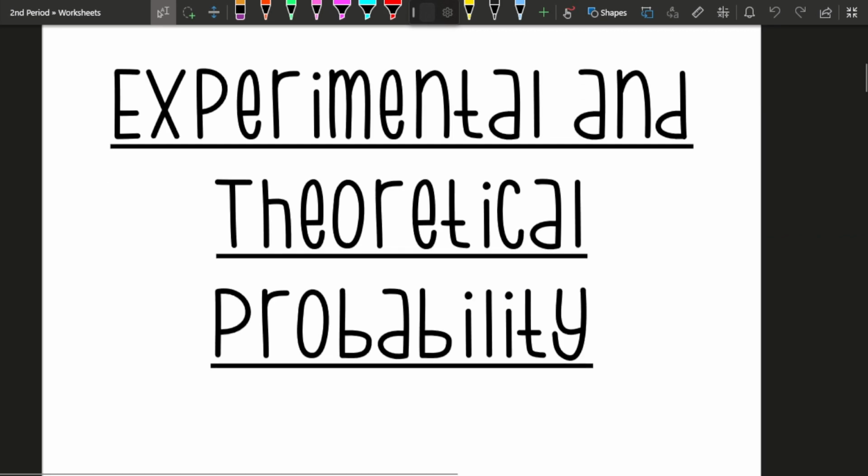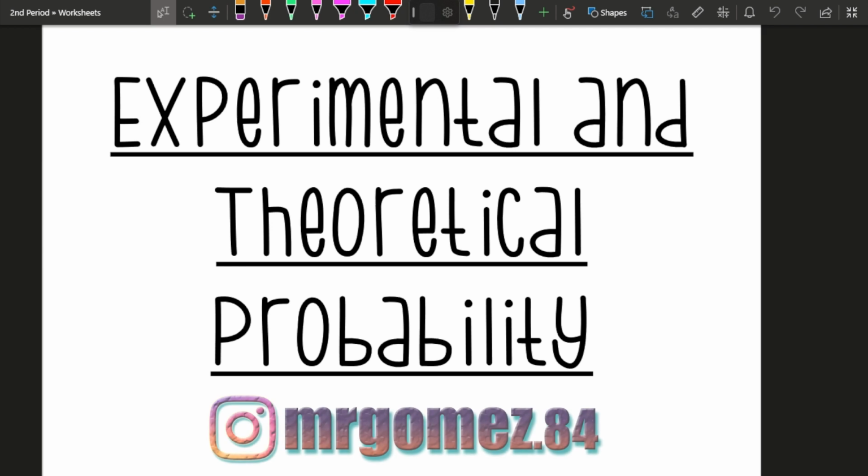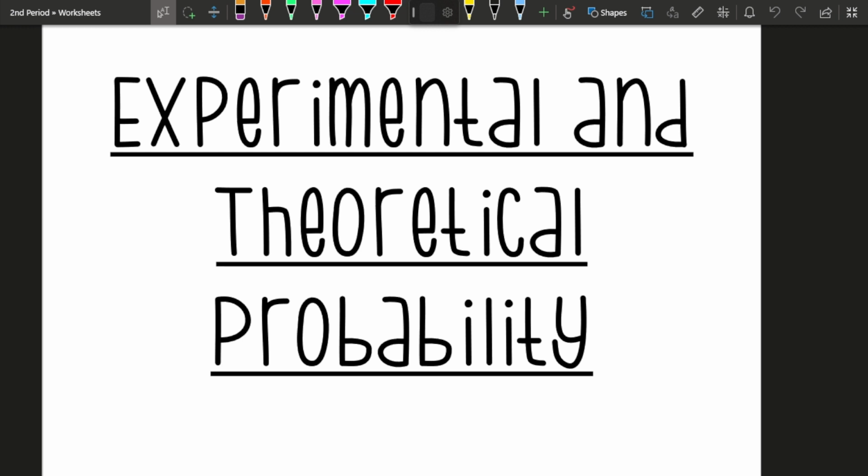So, experimental and theoretical probability. This is still kind of easy, but this is thinking like if we actually have the things that we're going to deal with and actually doing the experiment. That's why it's called experimental and theoretical probability.